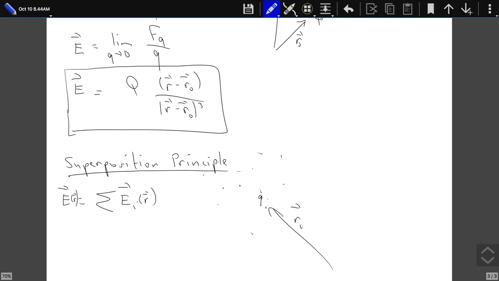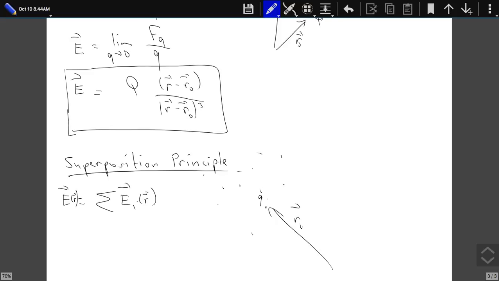Although it seems trivial, it's not always the case. For example, in gravity, we cannot really write it in this form. If you have many masses, the total gravitational force acting on some test mass is not always the sum of the forces exerted by each one of the masses. But in electromagnetism, it turns out that there is this property.